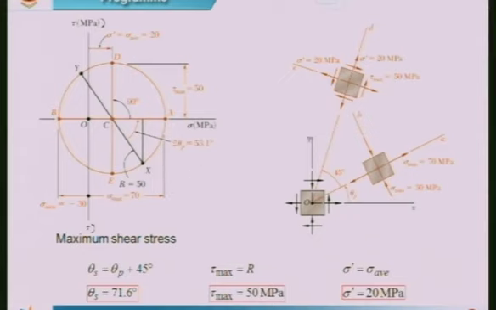Okay. Next, for the same problem, how to get the maximum shearing stress and the angle at which the maximum shearing stress is inclined. The maximum shearing stress would be equal to the radius of the Mohr circle, because the y-axis represents the shearing stress. So, if I measure this radius, which is tau max, we get 50.